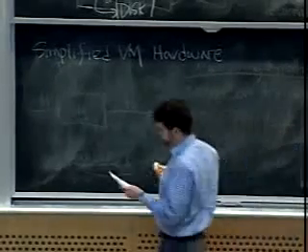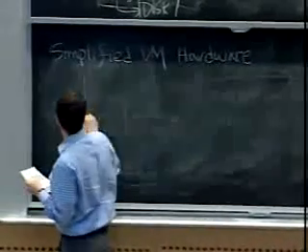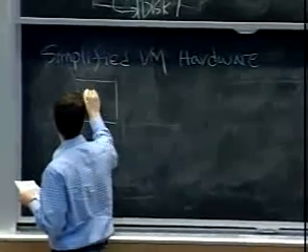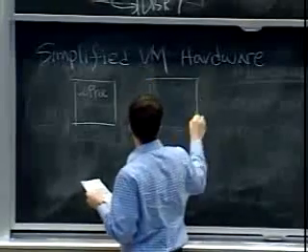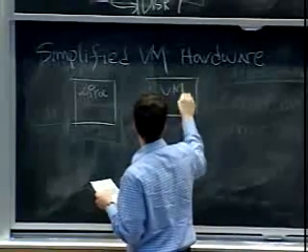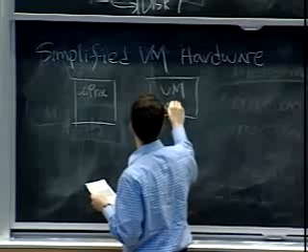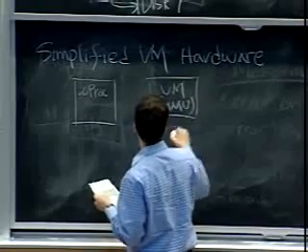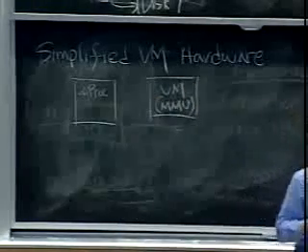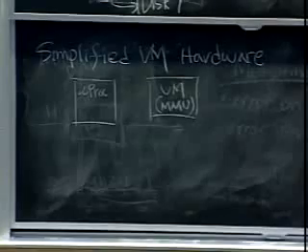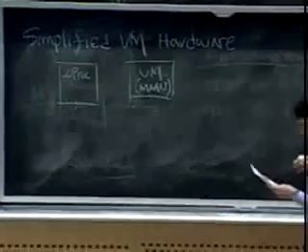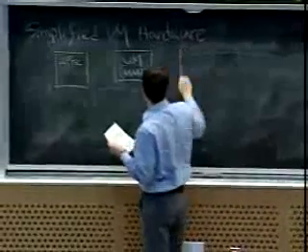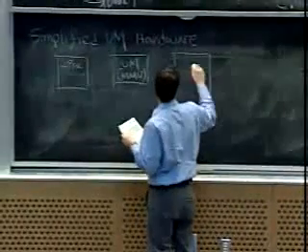So the idea in this simplified hardware is that we have our processor, and then we're going to have this VM system, which is sometimes called a memory management unit, MMU. And this is a piece of hardware that's going to help us do this mapping from these logical addresses in the module's address spaces into the physical memory. And then we're going to have the physical memory.